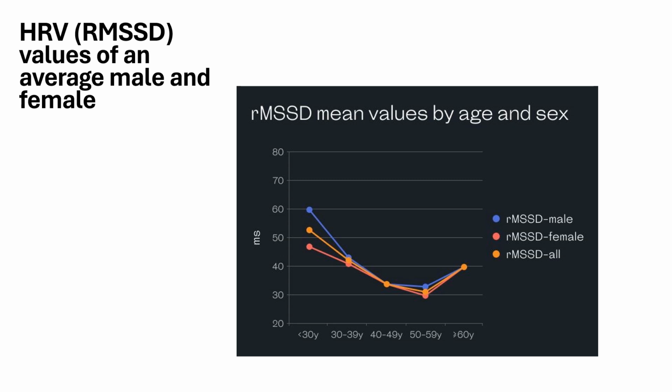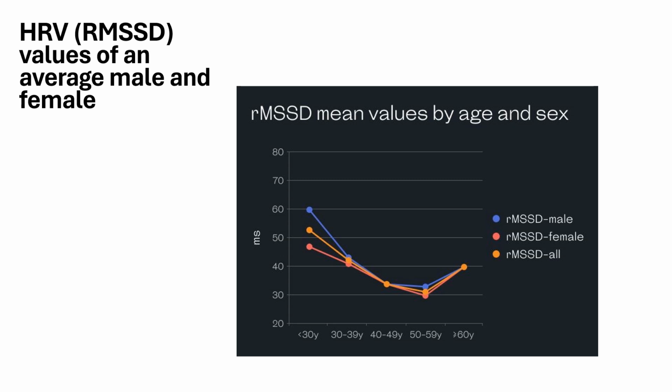So if 54 was our calculated value, if you look at this graph, who do you think this value belongs to? I'll give you a few seconds to have a look at the graph and see. If it was 54 on the y-axis and the age is on the x-axis, how old do you think the person is, and are they a male or a female?